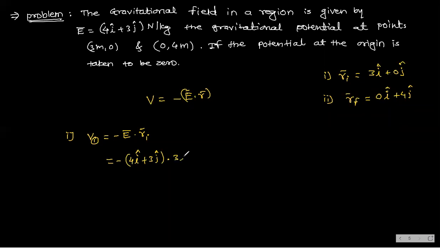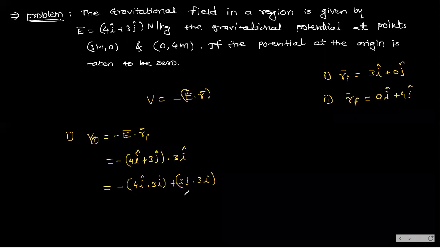Minus 4i cap dot 3i cap plus 3j cap dot 3i cap. j dot i is 0, i dot i is 1, so 4 times 3 is 12. This is phi in the first case, that is 12 volt. Clear?